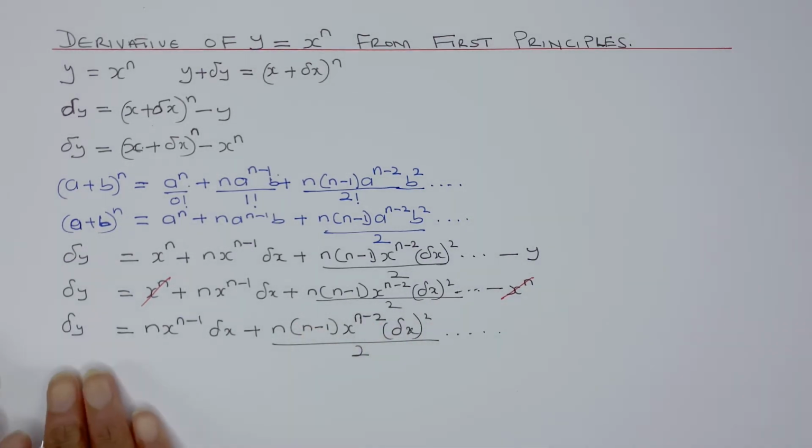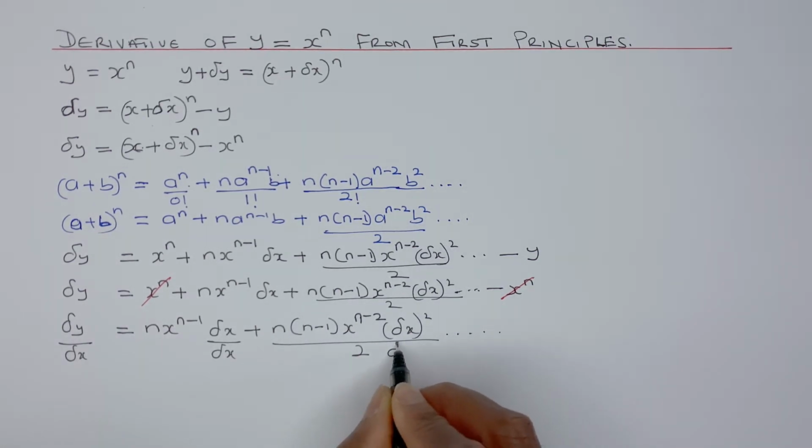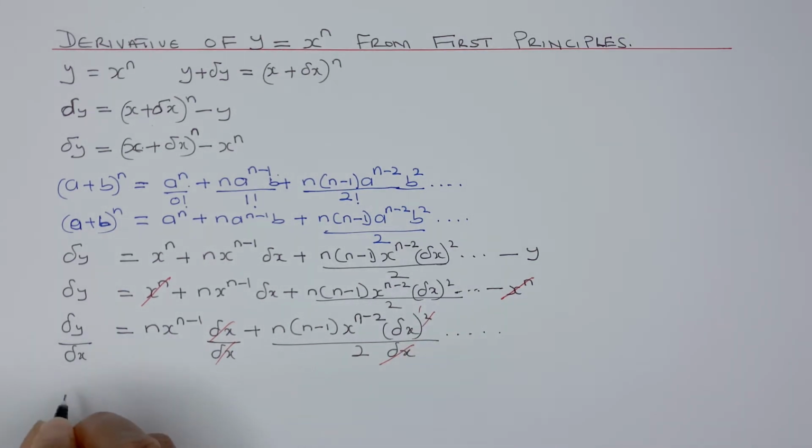Now, I need to divide both sides by delta x. So if I divide that by delta x, I have to divide this by delta x and divide that by delta x. As you can see, delta x cancels, and that cancels that. You got 1 there. So you're left with, and the rest goes on as well.